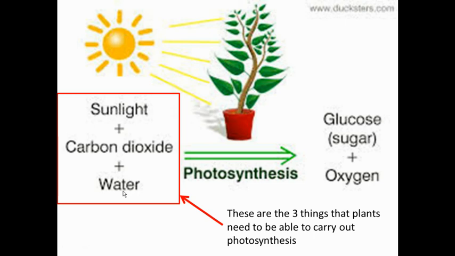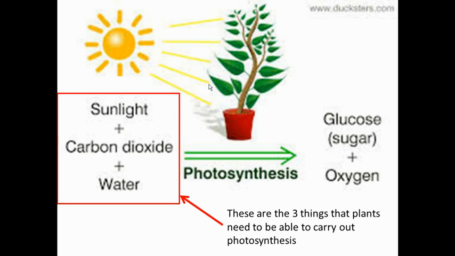So where does a plant get these from? The leaves of the plant absorb the sunlight from the sun's rays, so sunlight enters the plant through the leaves. We'll talk a bit about the leaf structure in the next lesson, but basically the leaves have little holes in them which let the carbon dioxide in, so the carbon dioxide also enters through the leaves.